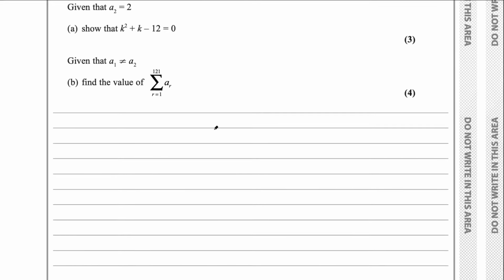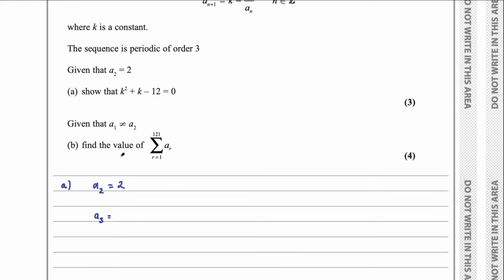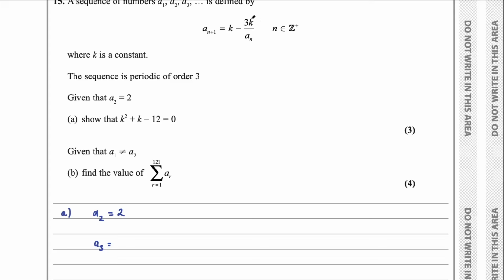So let's start by writing down, well, a sub 2 equals 2, then a sub 3. What would that be? Well, substitute a sub 2 into the formula or the equation up here. So this would be k take 3k on 2. And I might just write that down here to make it a bit easier for myself.